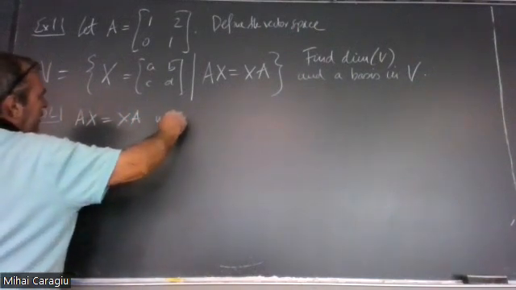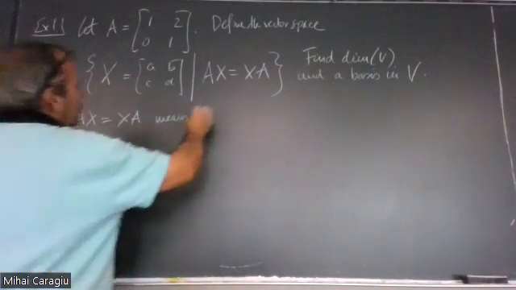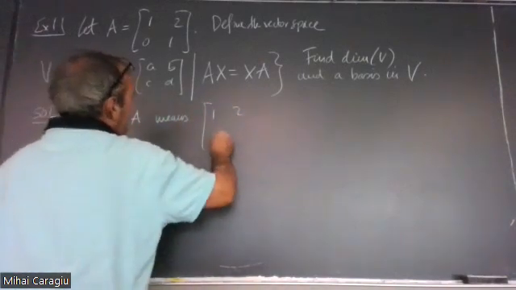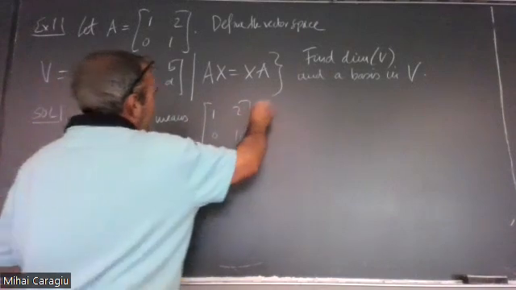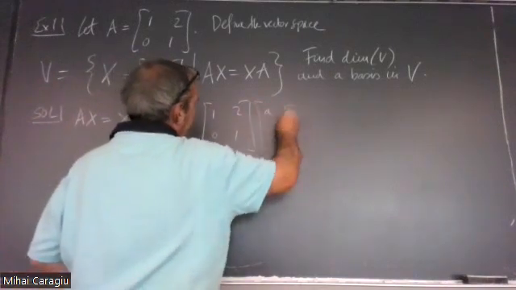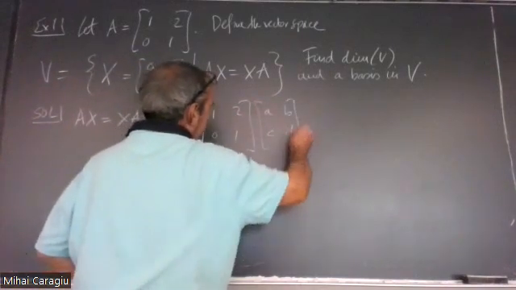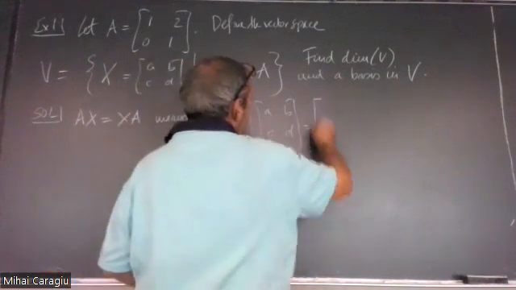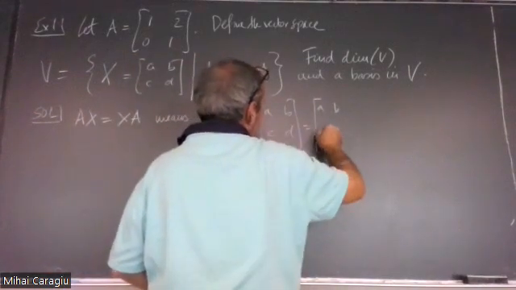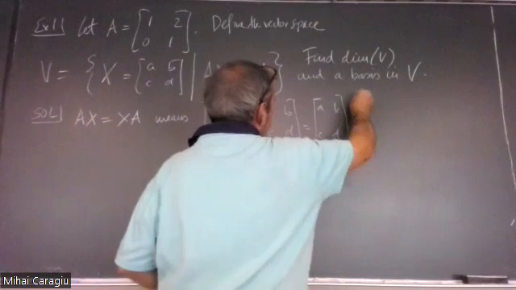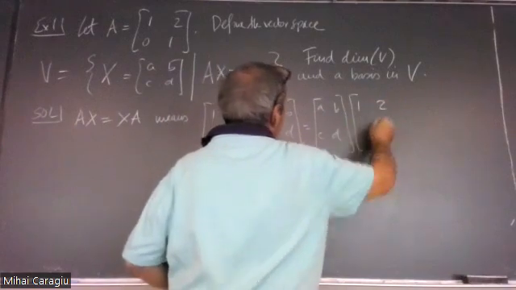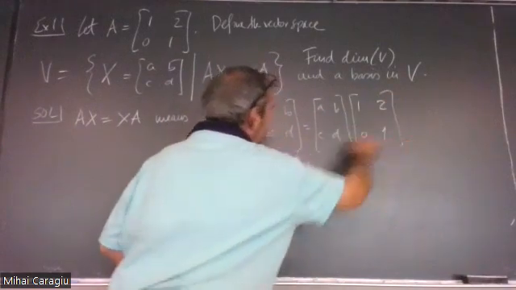This means A, which is 1, 2, 0, 1, multiplied by a, b, c, d, equals a, b, c, d multiplied by 1, 2, 0, 1.